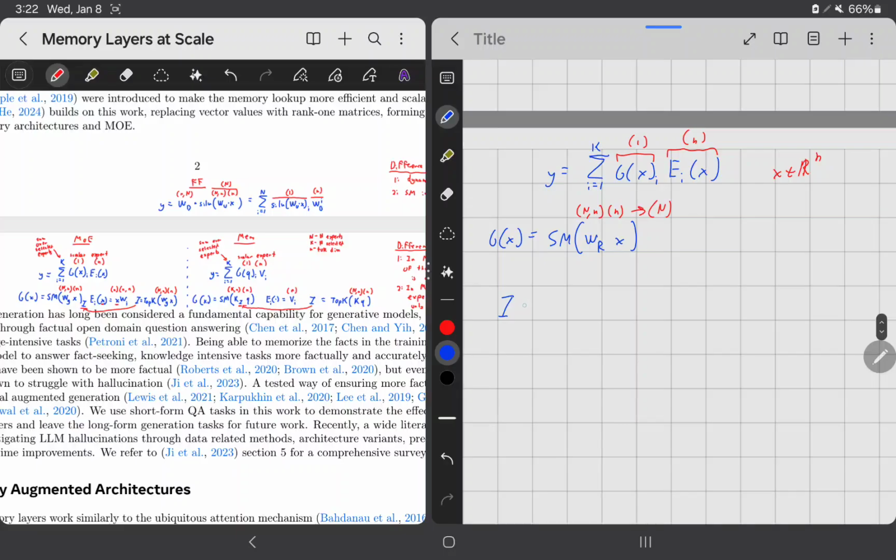So we have an index set, which is equal to the top k experts. So the indices of the top k experts according to our router, W_R x. So that's what we have here.